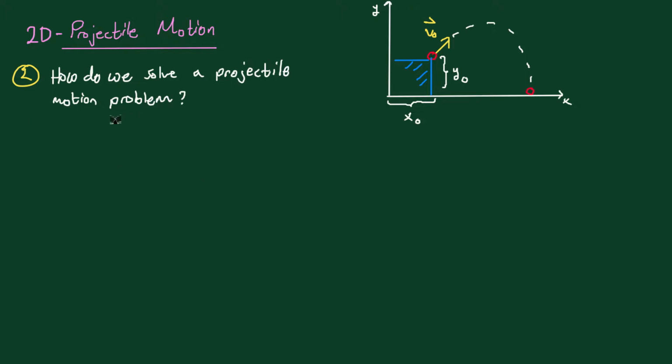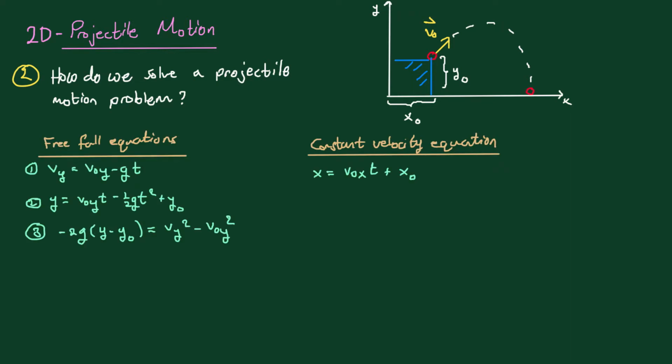So the second question here is, how do we solve a projectile motion problem? The way we solve this kind of problem is by recognizing that the particle is really performing two types of motions. The first type of motion is horizontal displacement, and the second type is vertical displacement.